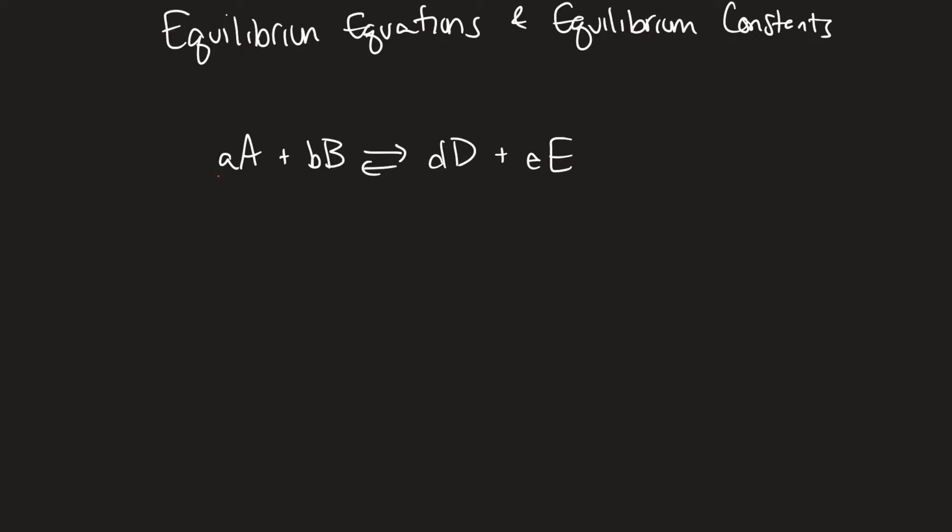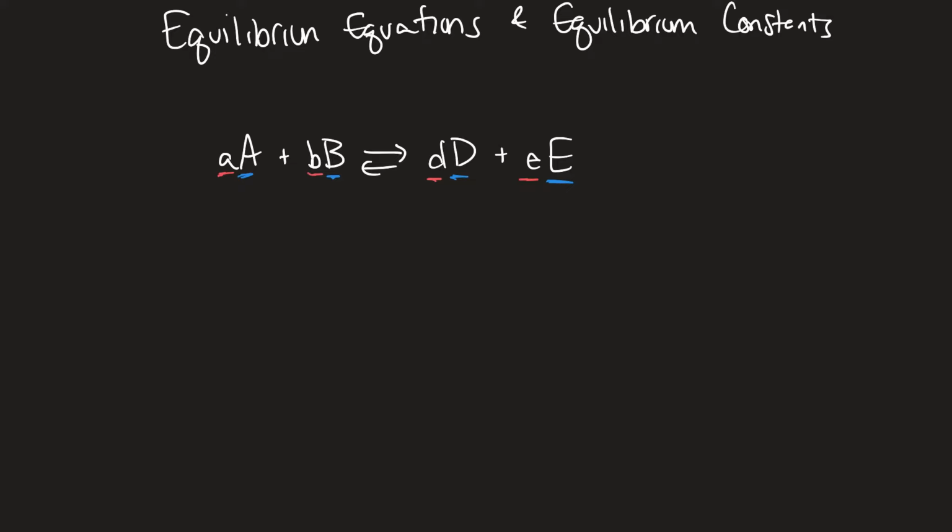Now, these lowercase letters represent the coefficients. In a real chemical equation, the lowercase letters represent the coefficients, while the uppercase letters represent the actual substance, the actual particle itself.